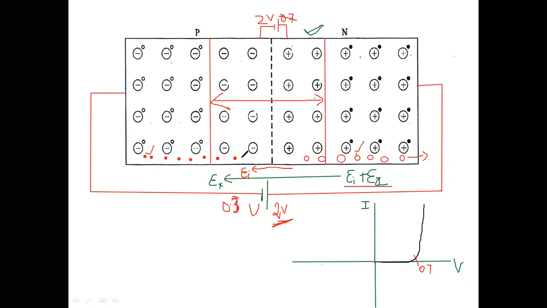Compared to the electron concentration on the P side of a normal PN diode, the electrons on the P side of a Zener diode are more numerous, even though these are minority charge carriers. Why? Because the number of holes here is very high compared to the hole concentration in a PN diode.